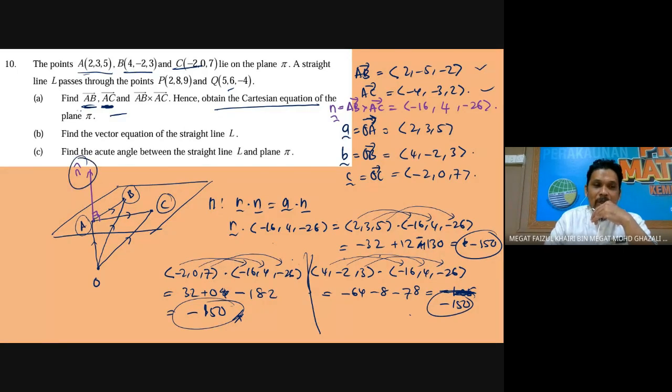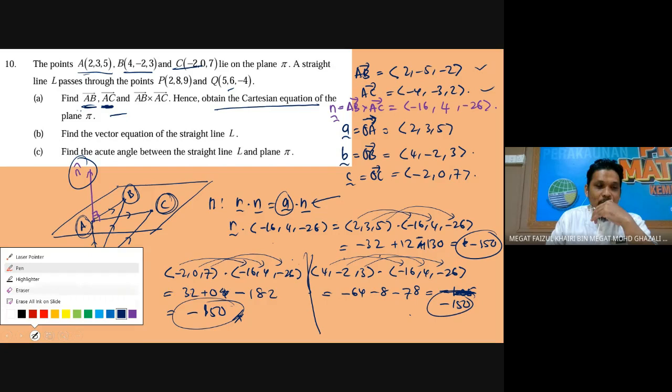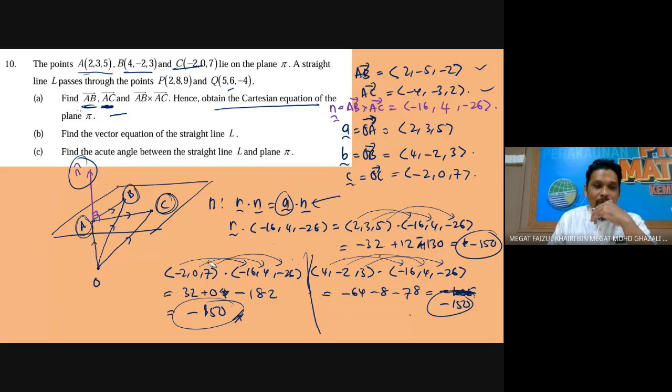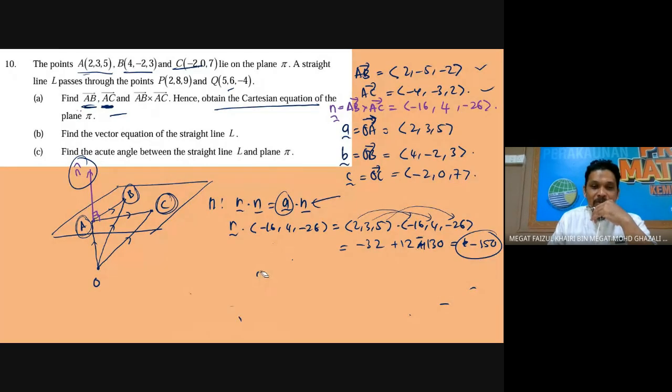See, all gave you one simple, correct answer, which means that AB cross AC gives you a normal n, and for the point you can choose the coordinates of A or B or C, either one, and they will give you one correct answer. This proves that you can choose any point of A, B, and C. In examination, choosing one is enough.